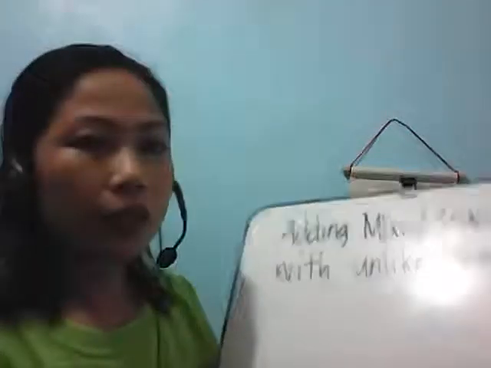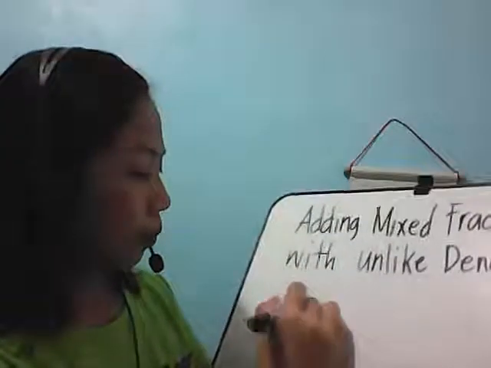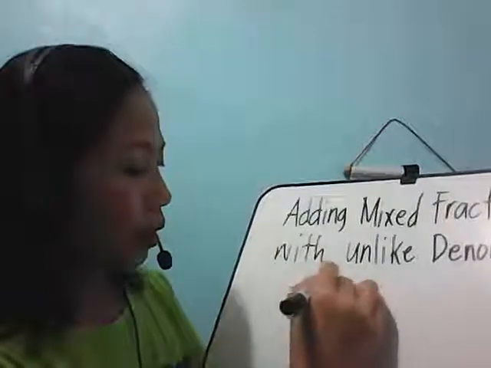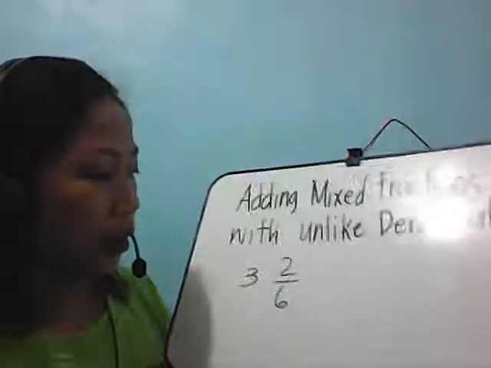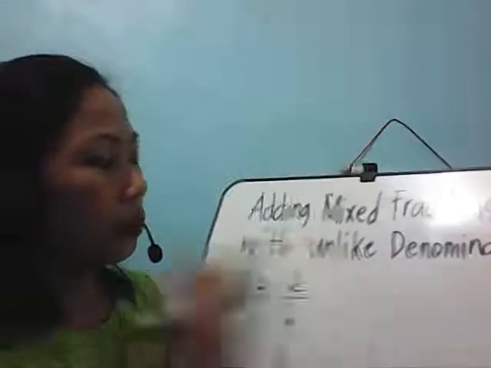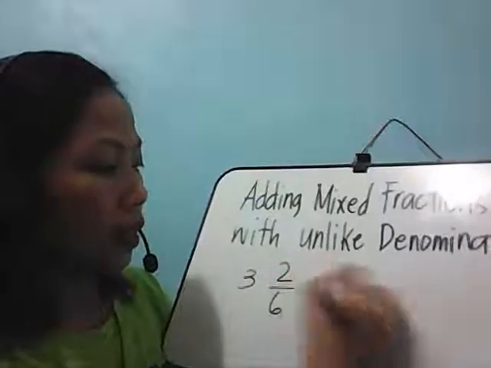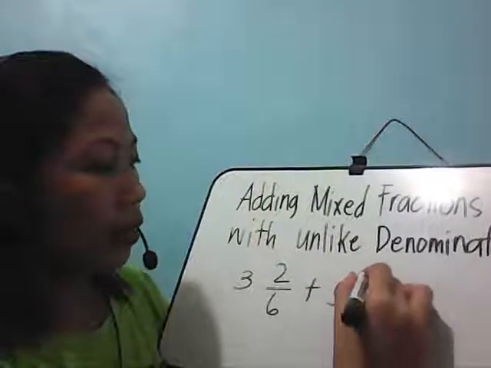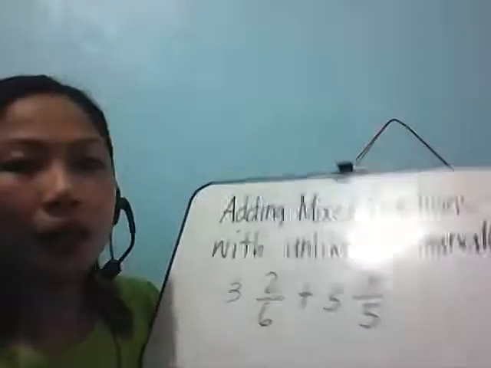Ito yung topic natin today, about adding mixed fractions with unlike denominators. So, here is the example: 3 and 2/6 plus 5 and 3/5. This is a mixed fraction.